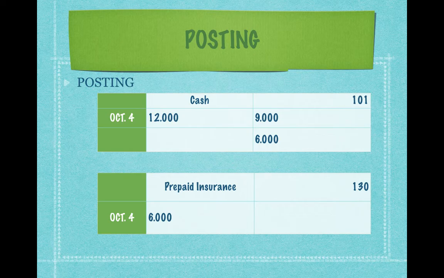This is only an assumption. If we calculate everything, the current cash balance is 10,000 plus 12,000 minus 9,000 minus 6,000. It will be 7,000 US dollar. Okay? There is an increase for prepaid insurance as well, around 6,000 US dollar.